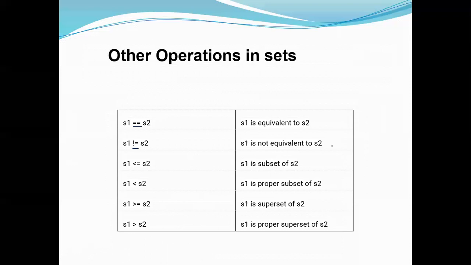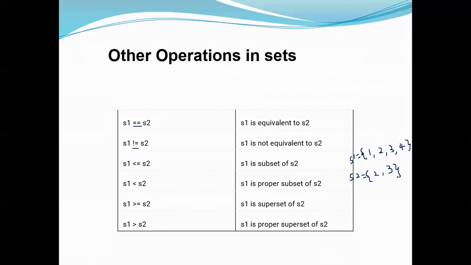So what is a subset? For example, say I have a set 1, 2, 3, 4, which is represented as S1. And I have another set S2, which has the data items 2, 3.